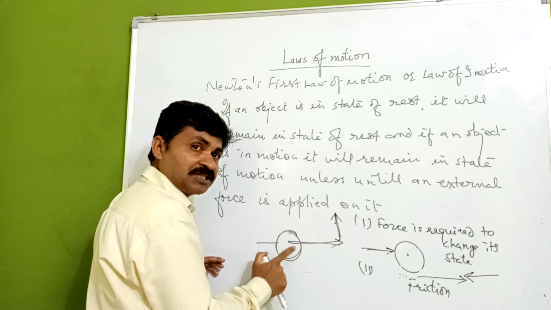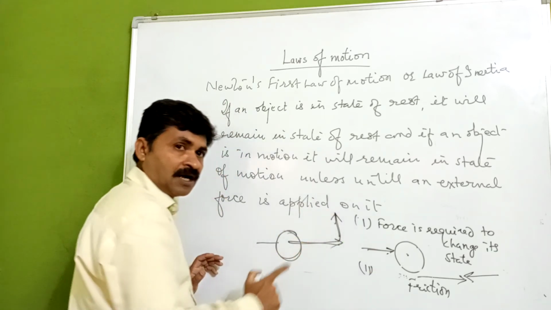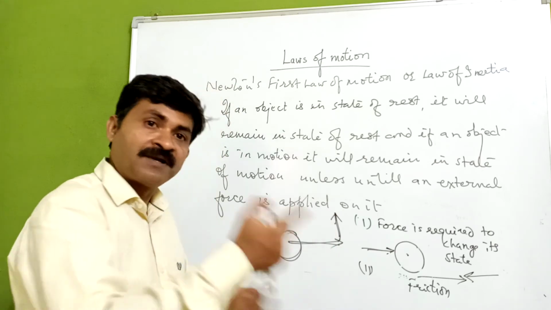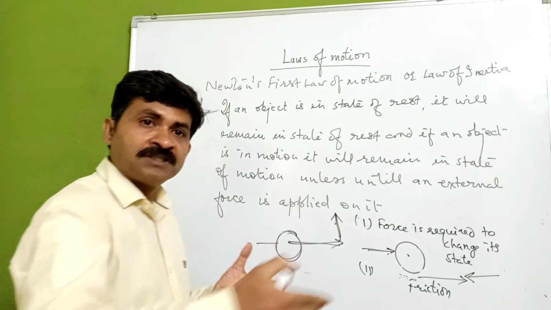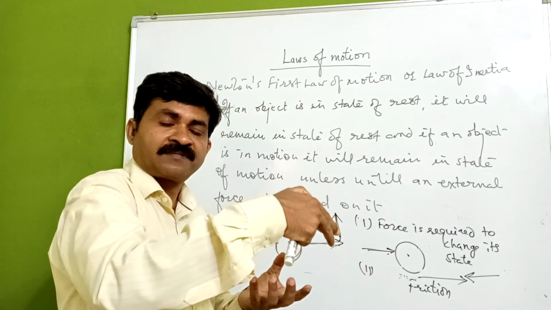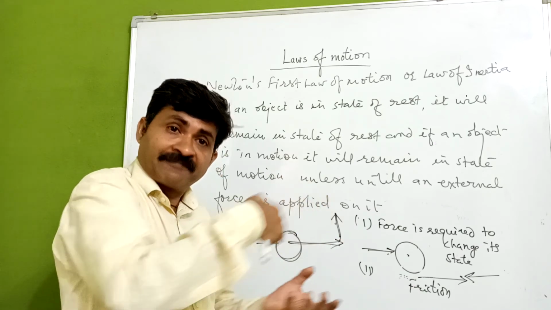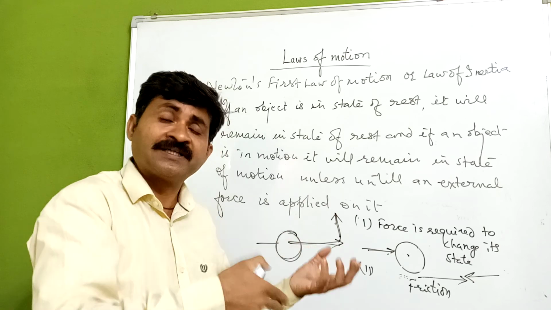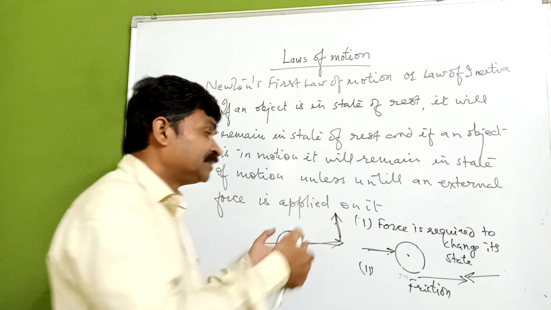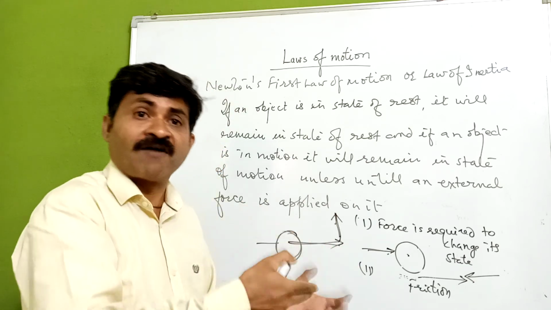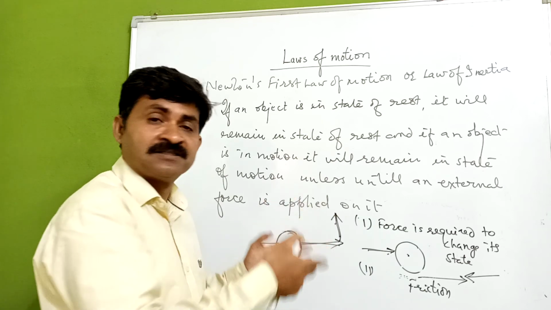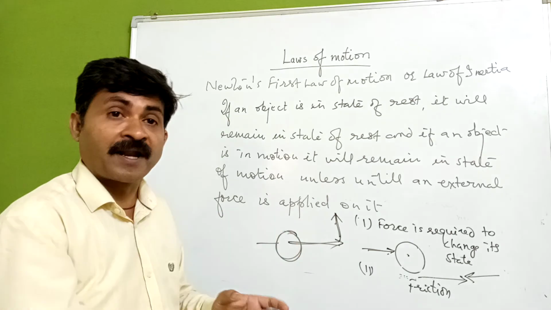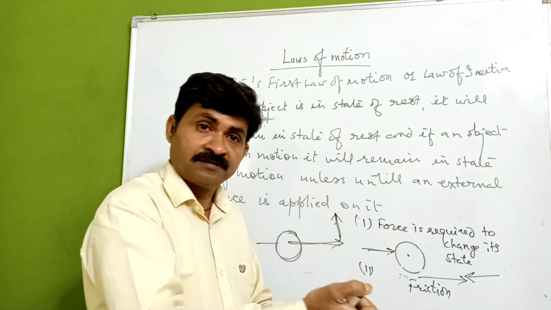The ball cannot change its direction itself. Or, in another example, the Moon moves around the Earth and changes its direction, which requires a force, and that force is the gravitational force of attraction applied by Earth on the Moon.